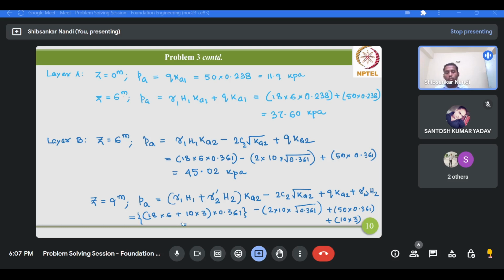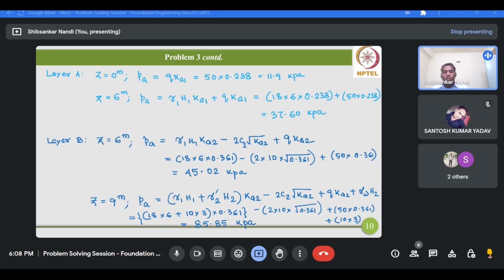So quickly tell me what would be the value of active earth pressure at the bottom of the wall. So I am getting 85.85.